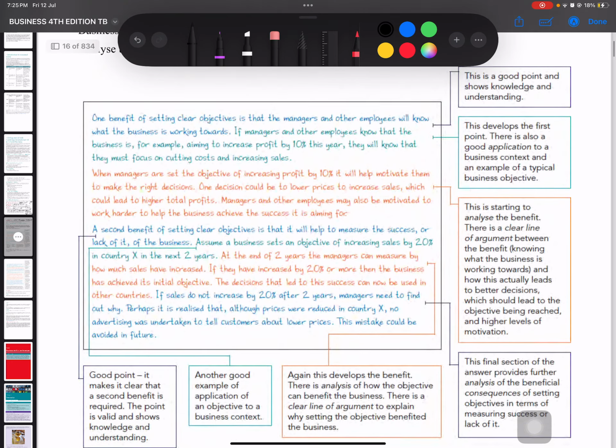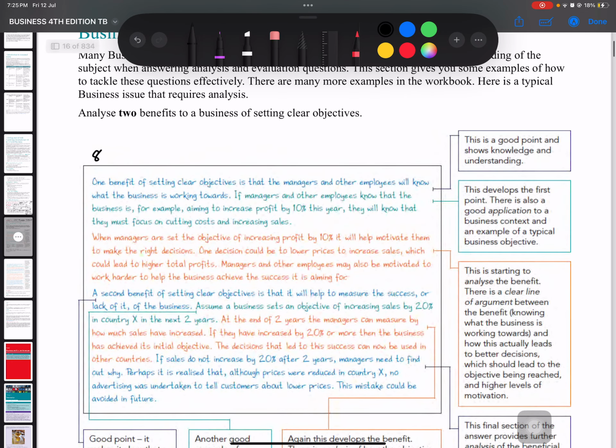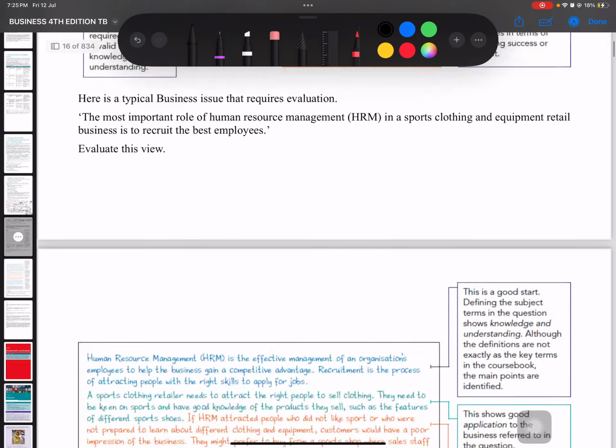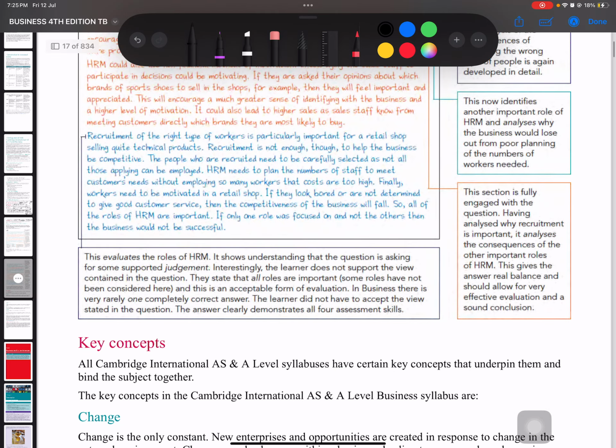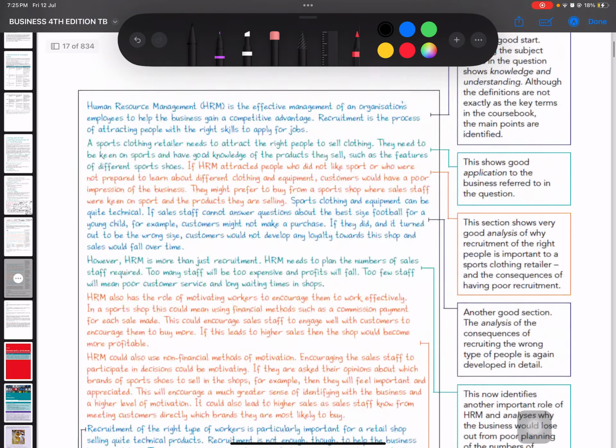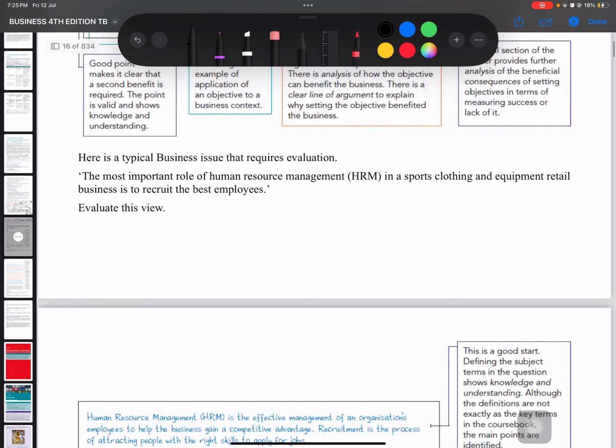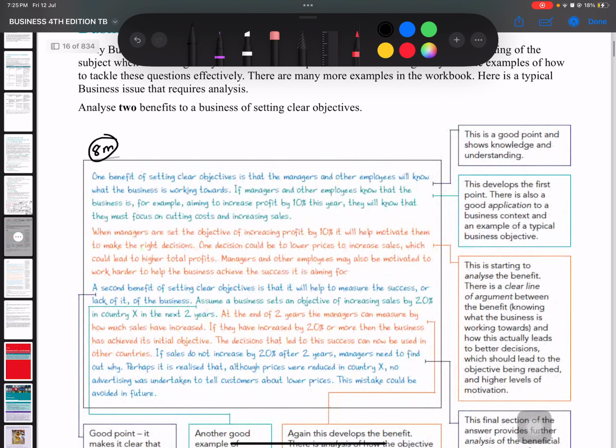All right. You have these sample answers in your textbook. This is for an 8 mark question, and this is for your 12 marker. So read these examples and try to understand how they applied knowledge and understanding, application, analysis, and evaluation.